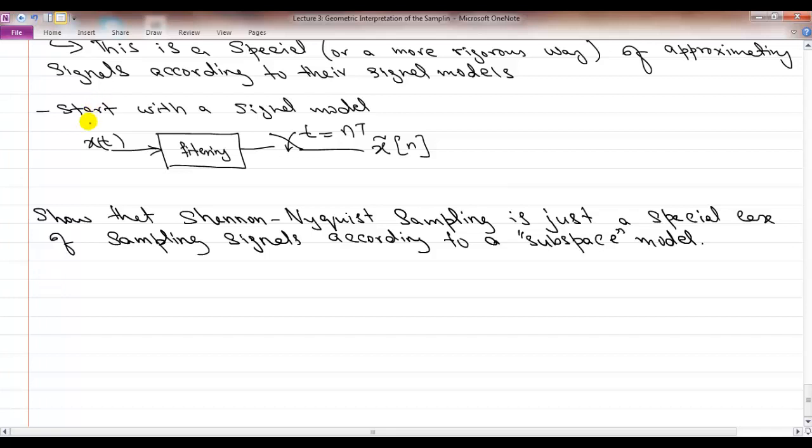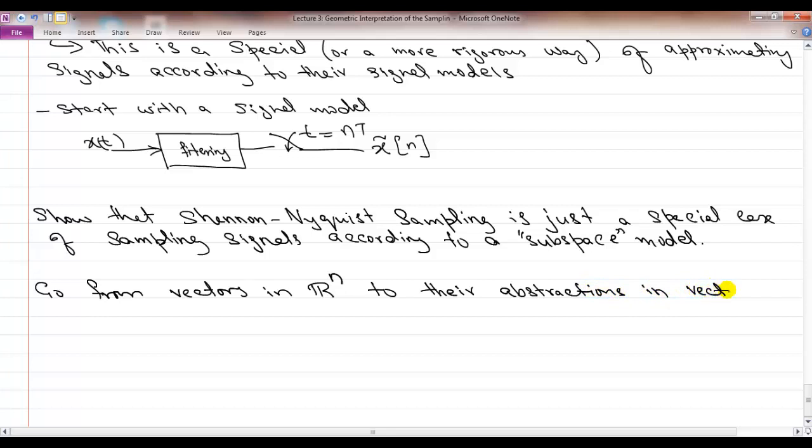So our goal in the next lecture or so will be that we will go from vectors in Rn, one-dimensional space, two-dimensional space, plane, so forth, to their abstractions in vector spaces.